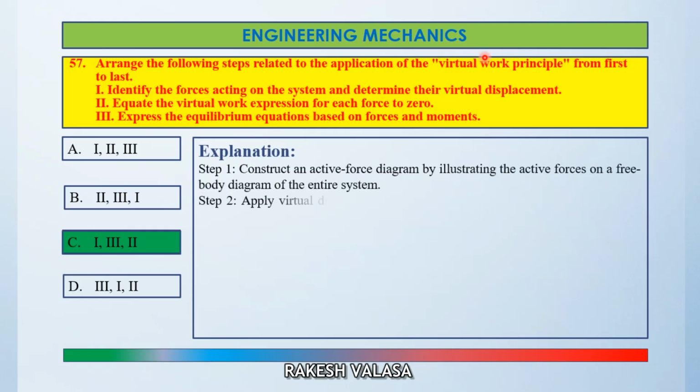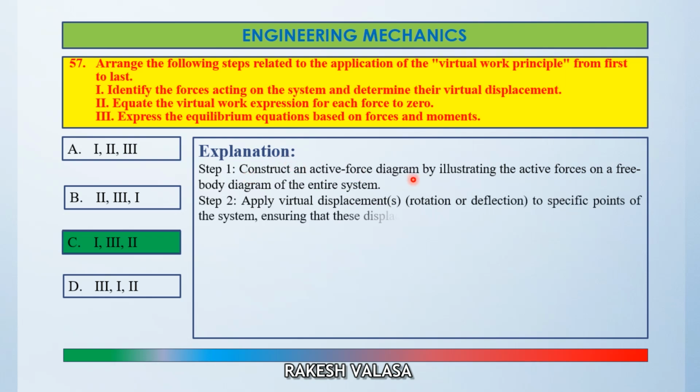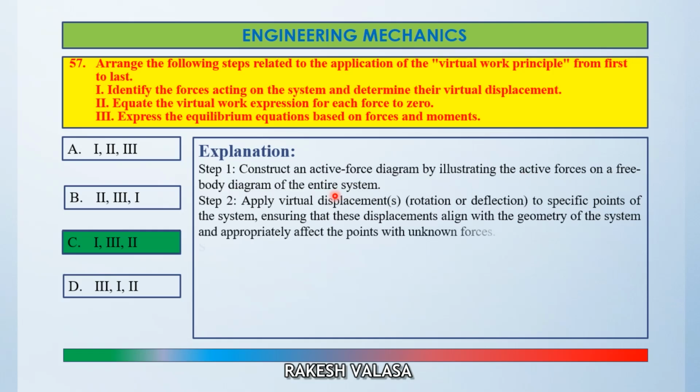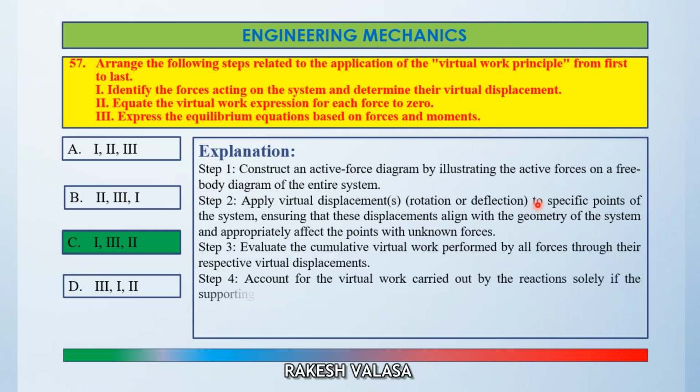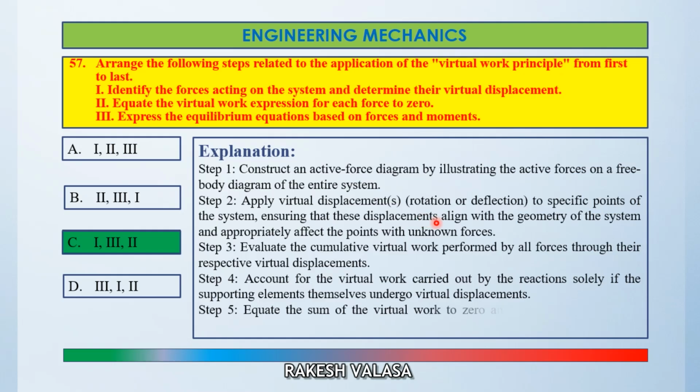Steps in virtual work principle. Step 1 is to construct an active force diagram by illustrating the active forces on a free body diagram of the entire system. Step 2. Apply virtual displacements like rotation or deflection to specific points of the system, ensuring that these displacements align with the geometry of the system and appropriately affect the points with unknown forces. Step 3.